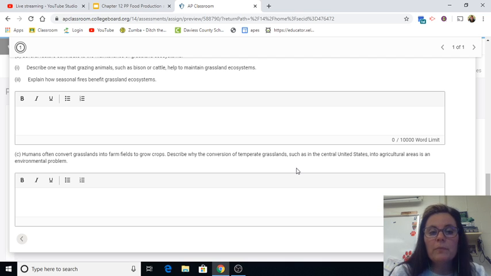Yes. Describe why the conversion of temperate grasslands, such as the central United States, into agricultural areas can be an environmental problem. So, for us, and I love that they picked central United States, right? Areas of diverse grasses and shrubs are replaced by monoculture.